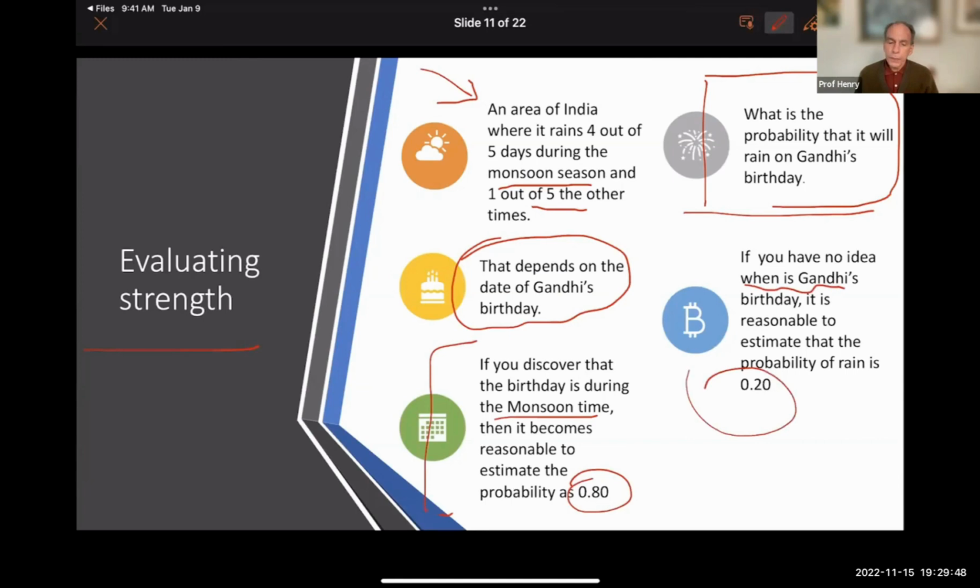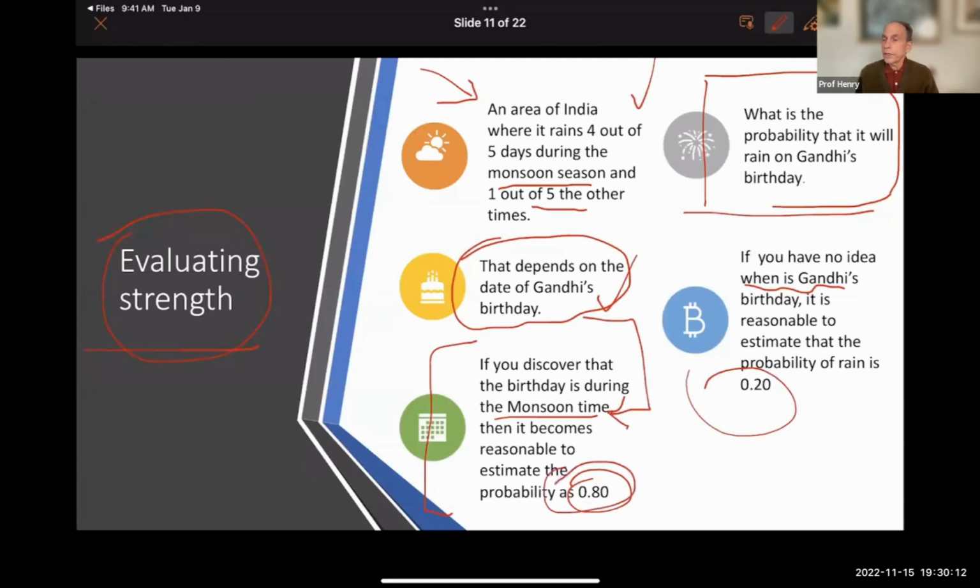Okay, so evaluating the strength, you look at the conditional probability based on your premises. If you did have the premise that it occurs during the monsoon time, now you could say it's 80%.